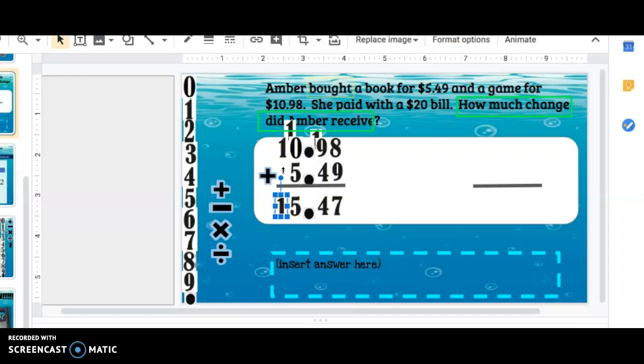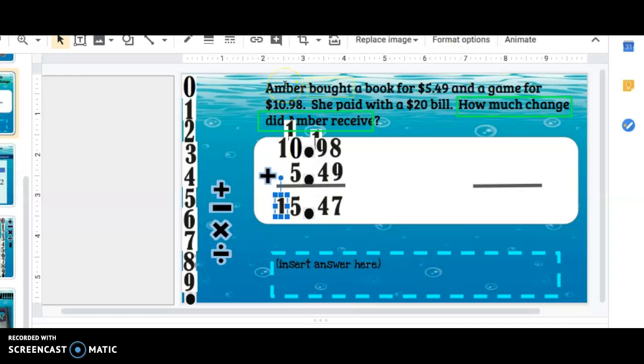So you go up to the clerk, you hand them a $20 bill because they told you that you have to pay $15.47 for both the items you're about to buy. You're going to get money back because you're giving them more money than what you spent. So you have to figure out the difference between the amount you're giving and the amount you spent at the store.